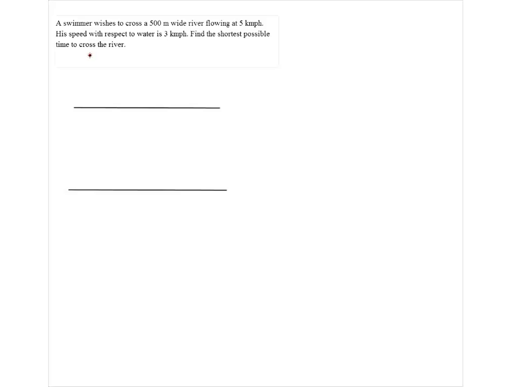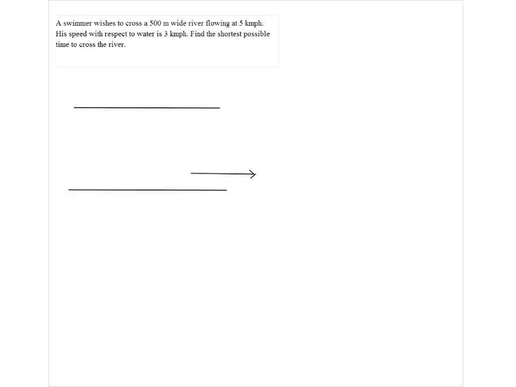Perfect. So with respect to the ground, if the river is flowing to the right side, will he finally reach the right side, left side, or exactly opposite point? Sir, he'll get somewhere on the right side of the other bank. Correct.